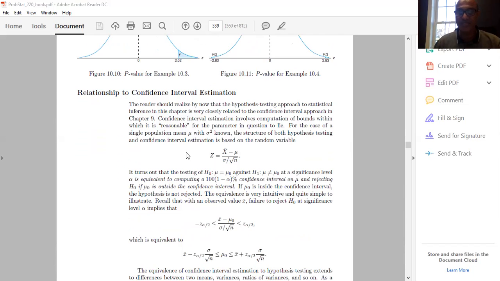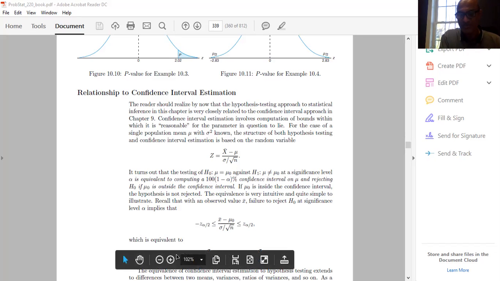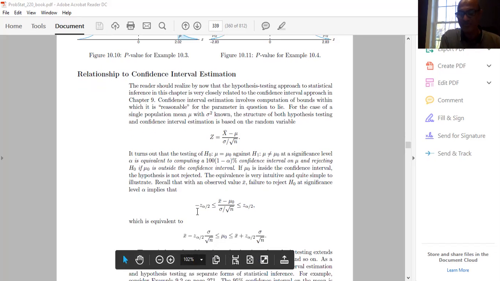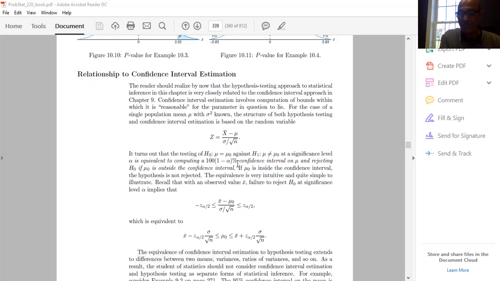For the case of a single population mean nu with sigma squared known, the structure of both hypothesis testing and confidence interval estimation is based on the random variable z equal to this one. Same things: negative z alpha by 2, z alpha by 2, and so on. Alpha is the level of significance, computing a 100(1 minus alpha) percent confidence interval on nu and rejecting H0 if nu 0 is outside the confidence interval.